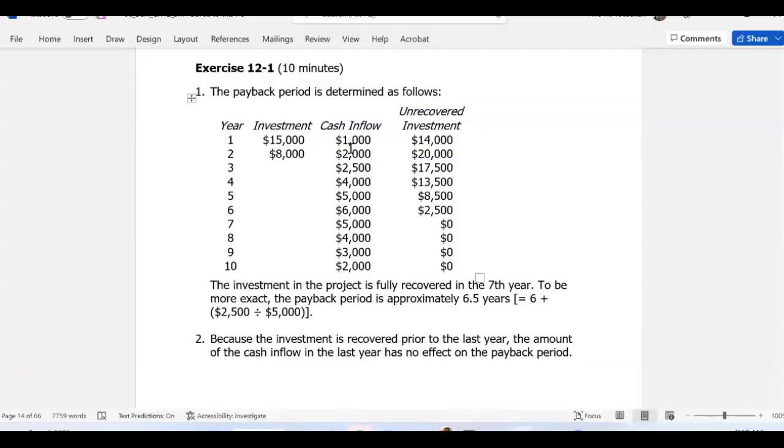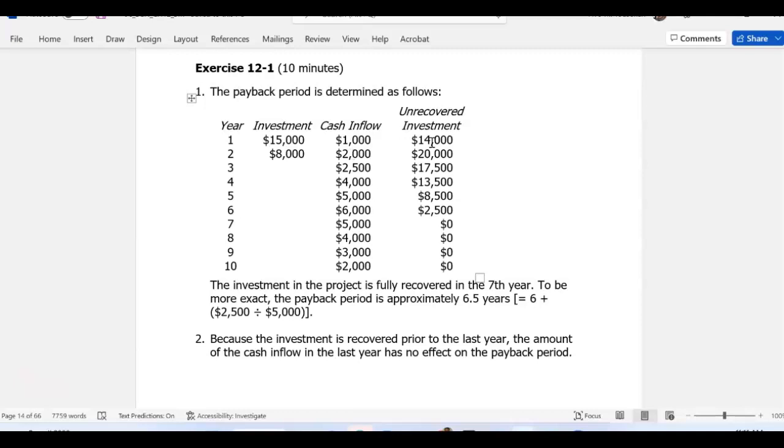So you see, we have $15,000 of investment, and we have $1,000 cash flow estimated in year 1. So we have $14,000 left. We have $8,000 of additional investment in year 2, minus $2,000 cash flow in year 2.